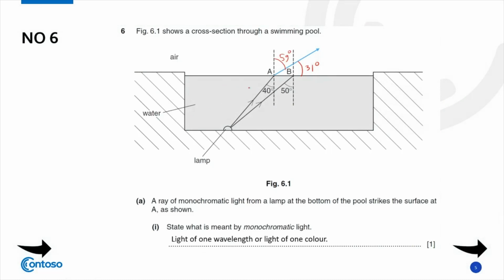Here, we can see that at B, the angle of incidence equals to 50 degrees.